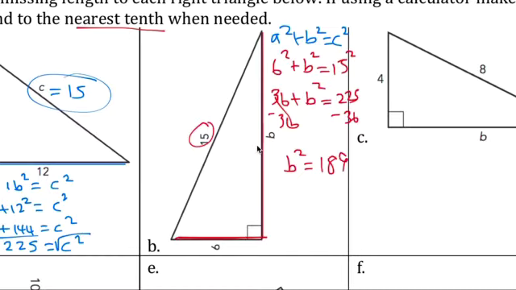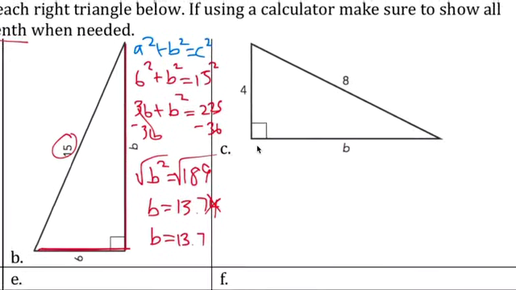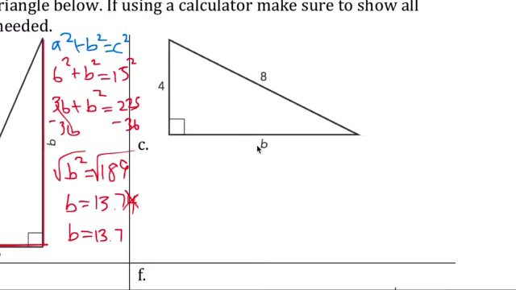Yeah, 189, and you're taking the square root of 189. I believe it is 17. Oh, 13, not even close. B is 13.74. This is a 4, so we want the 7 to stay the same. So B is 13.7.